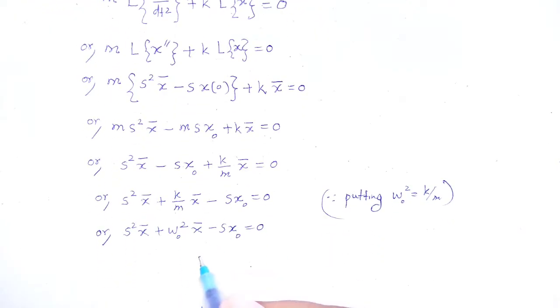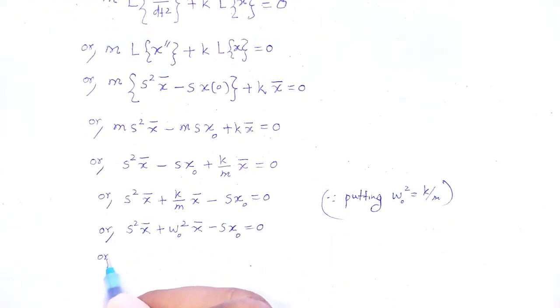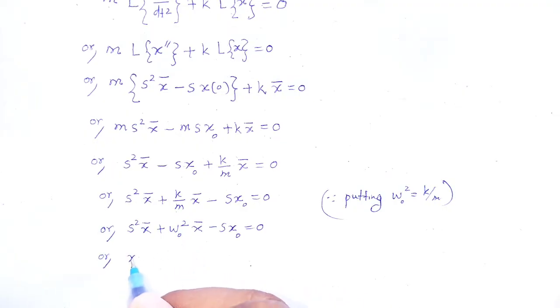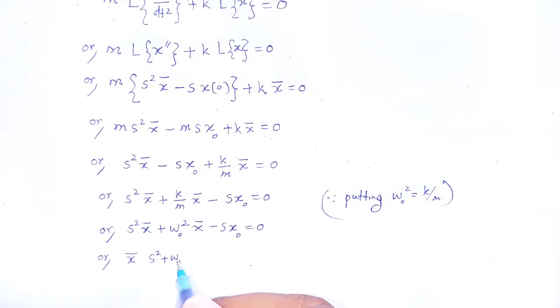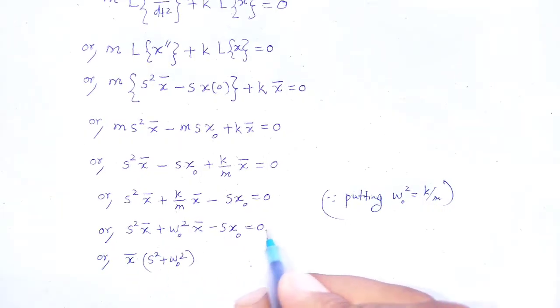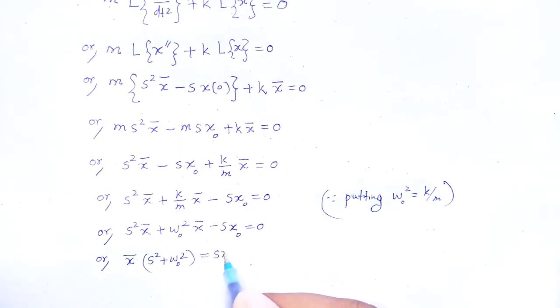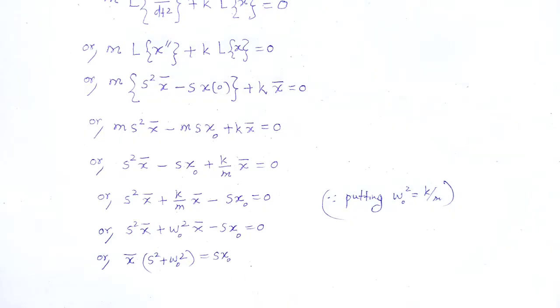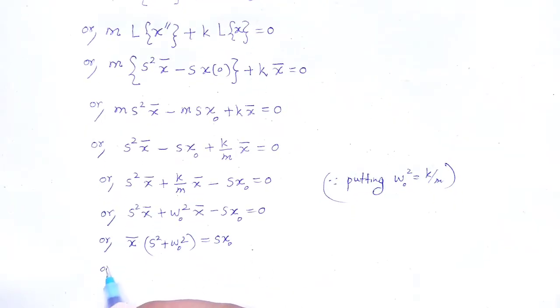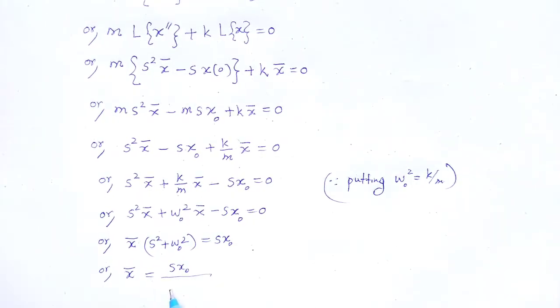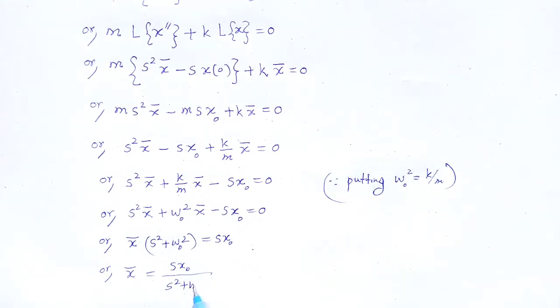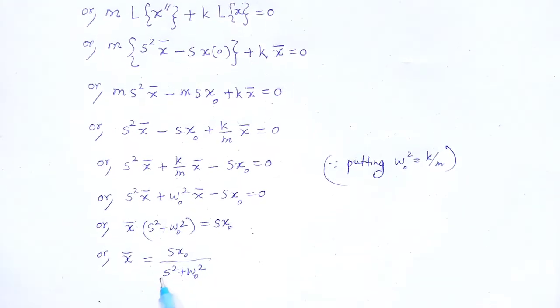So x bar taking common, we have s square plus omega naught square, and that term to this side, x naught into s. Our requirement x bar is equal to s x naught divided by s square plus omega naught square.